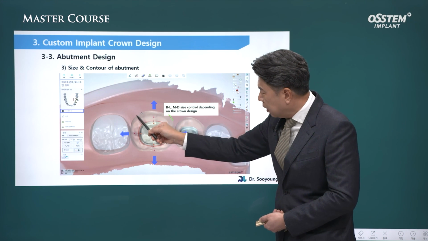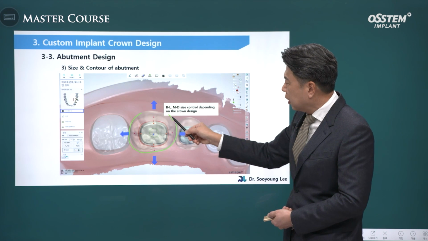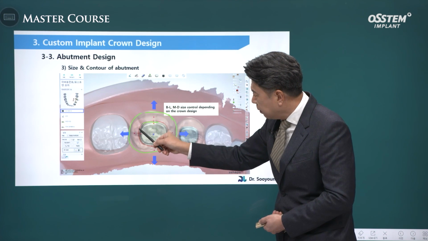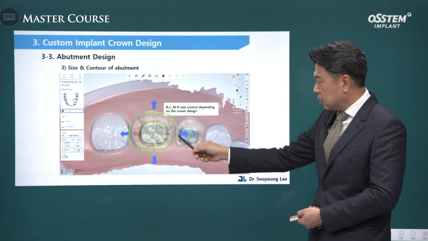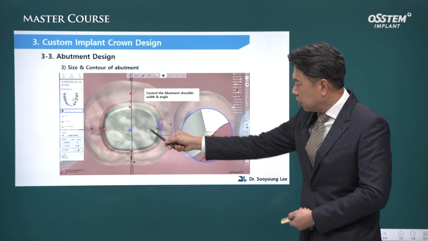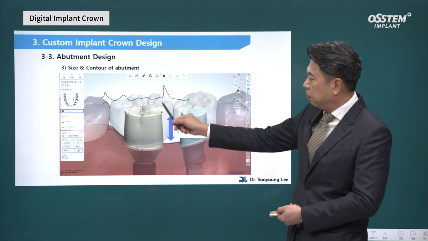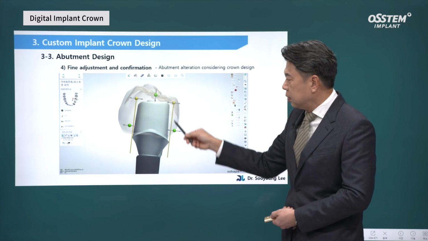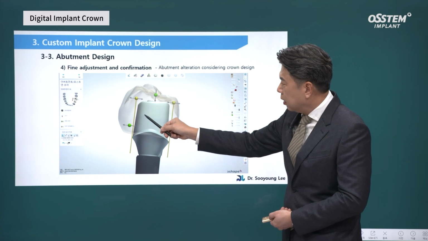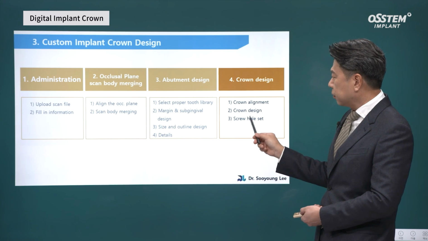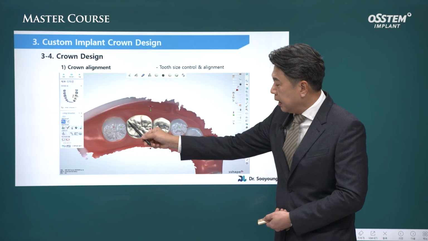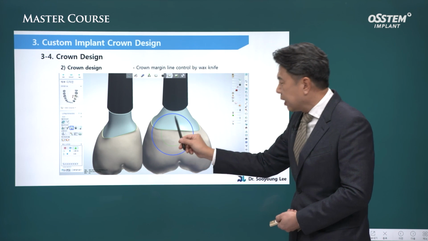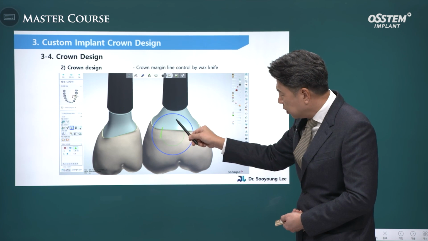The abutment size and the crown appearance that we chose before appear semi-transparently, and the margin of the abutment can be designed. The height can be adjusted, and after designing an abutment, a crown design can begin. This is the first suggested crown over the abutment, and it can be adjusted in detail.